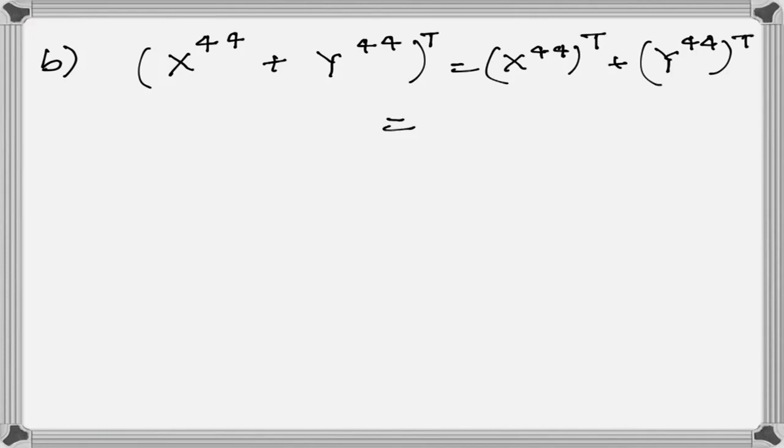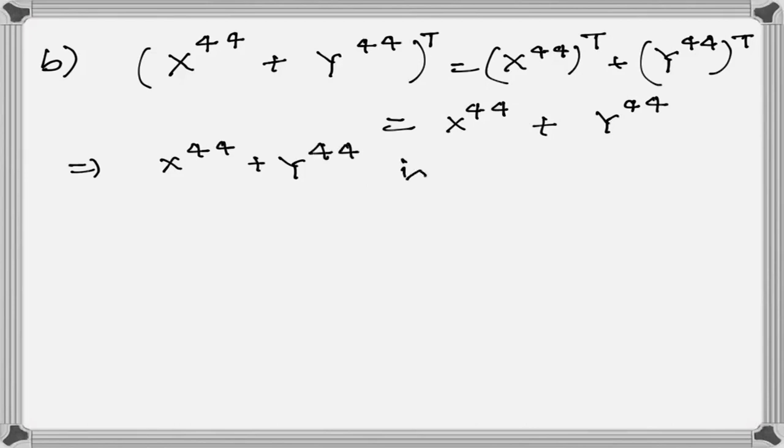Because 44 is an even number, this is nothing but x to the power 44 and y to the power 44. This implies x to the power 44 plus y to the power 44 is a symmetric matrix.